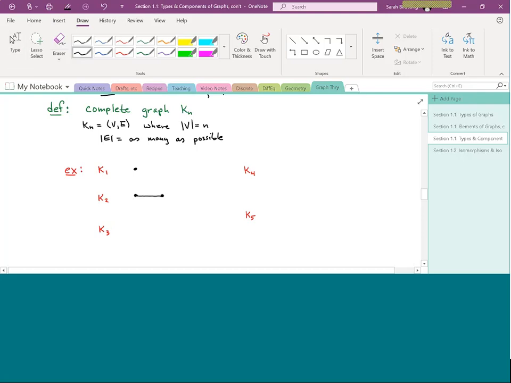Now for K3, K3 is where you have 3 vertices. Any guesses here on what the graph might look like? Now remember, the graph has to have as many edges as humanly possible, and it's a simple graph. So what I've just drawn in with 1 edge is totally a graph on 3 vertices, and it's a perfectly fine graph on 3 vertices, but is it K3?